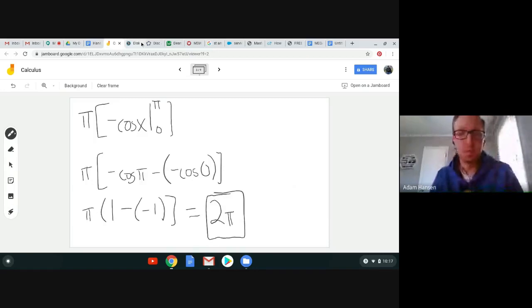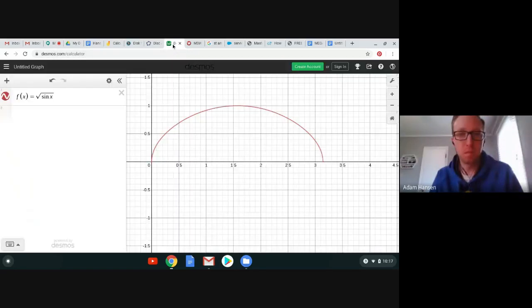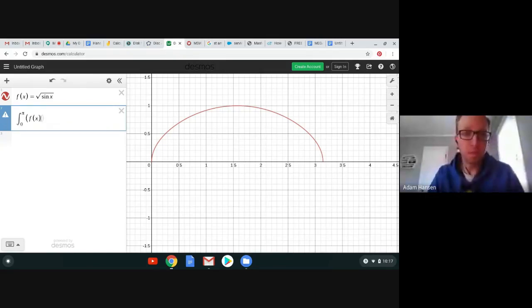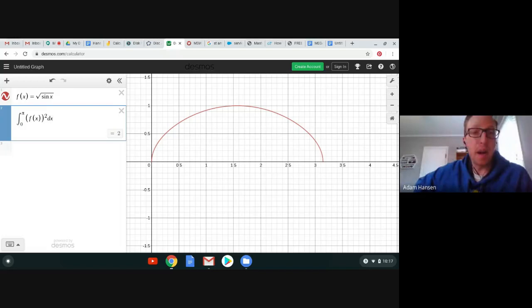Of course, we can always check that on Desmos. The integral from 0 to pi of quantity f of x squared dx is going to be 2. Obviously, I have the pi out in front to make that 2 pi.